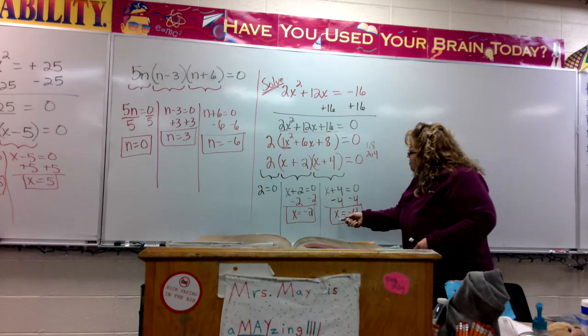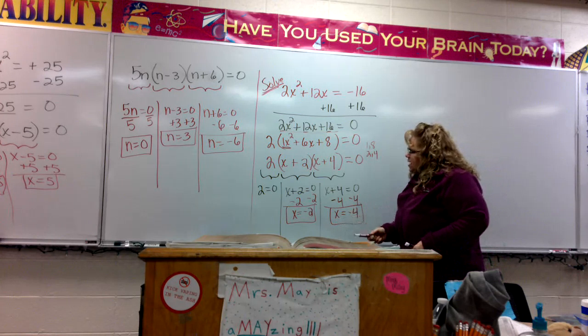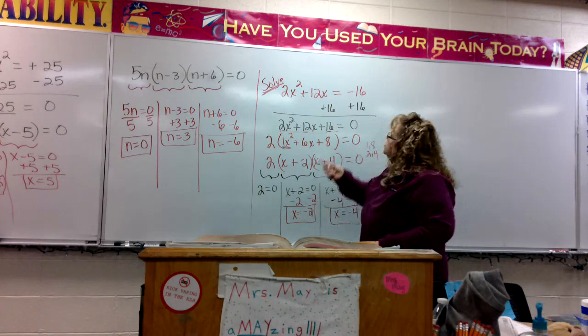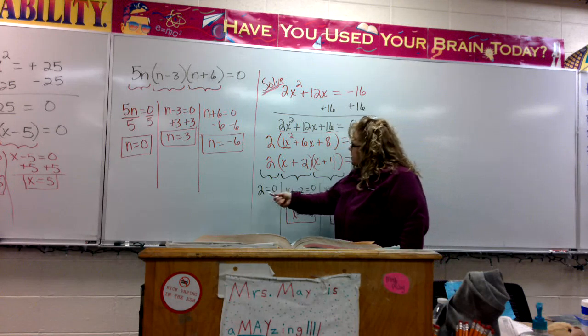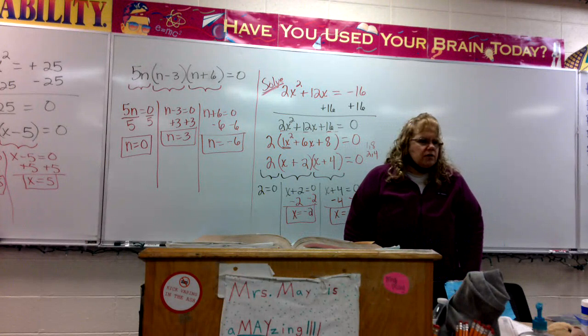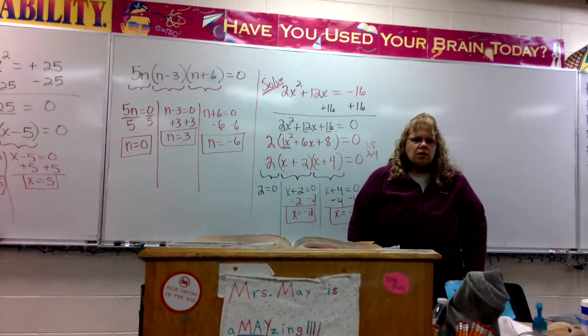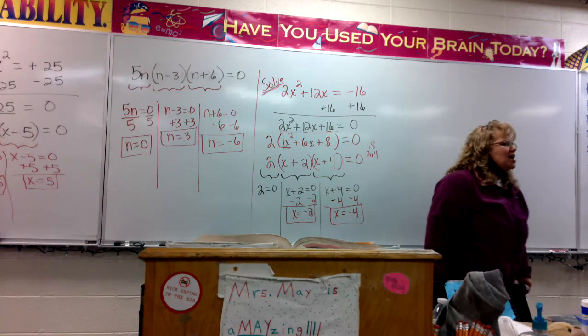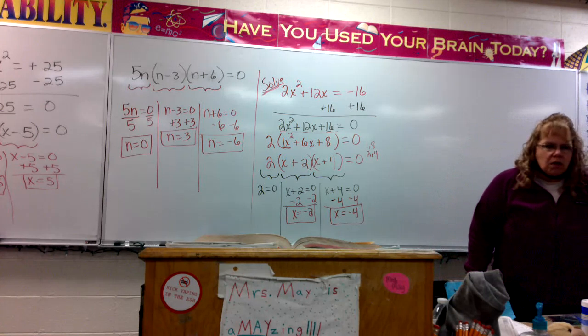One value of x to make that true is x equals -4. Another value is x equals -2. 2 equals 0. Does 2 equal 0?